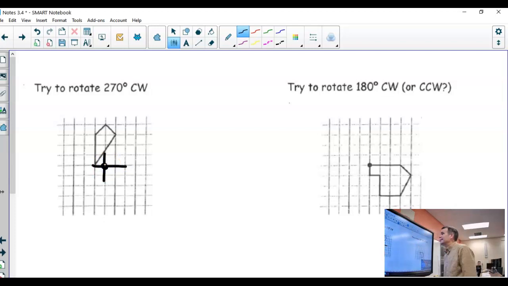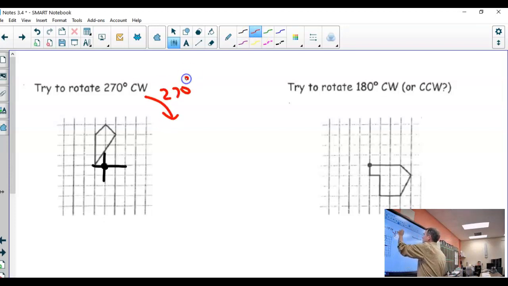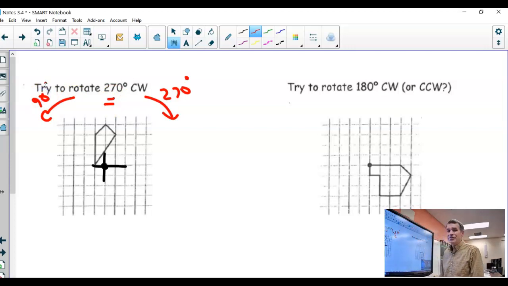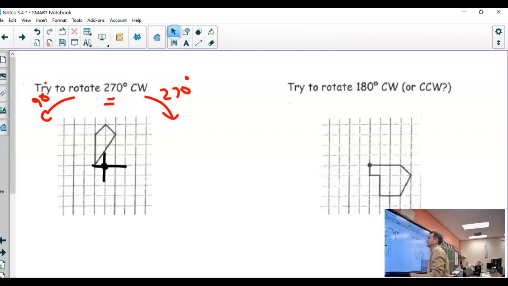And so to rotate this 270 degrees clockwise, I could go 270 degrees that way, or that would be equal to going 90 degrees that way. Both of those would end up in the same spot. So that is what I'm going to do.